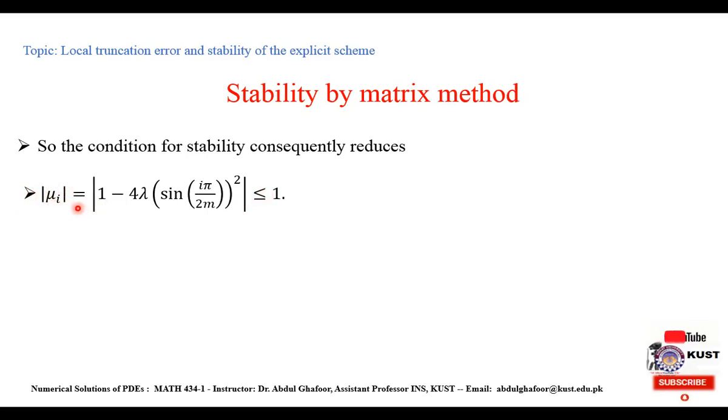This means that the spectral radius is less than or equal to 1. That's why we say the condition for stability reduces to |mu_i| less than or equal to 1, where |mu_i| is equal to |1 - 4 lambda sin^2(i pi / 2m)|.